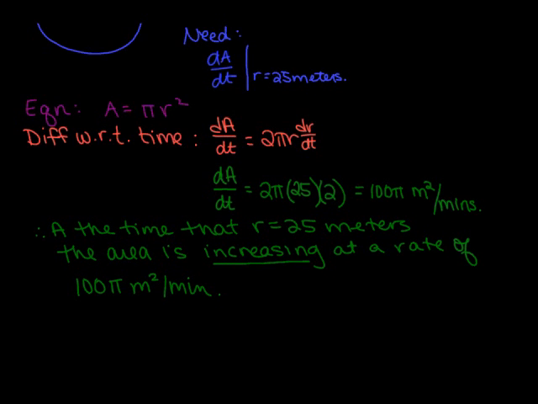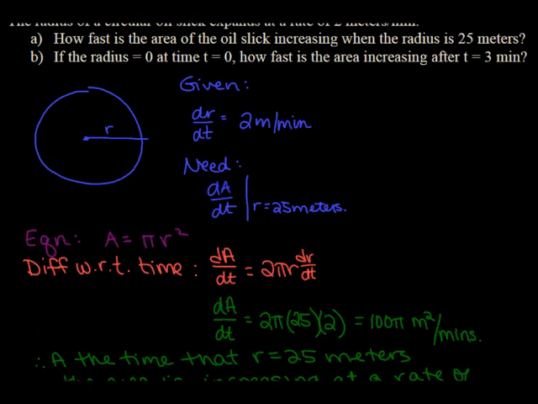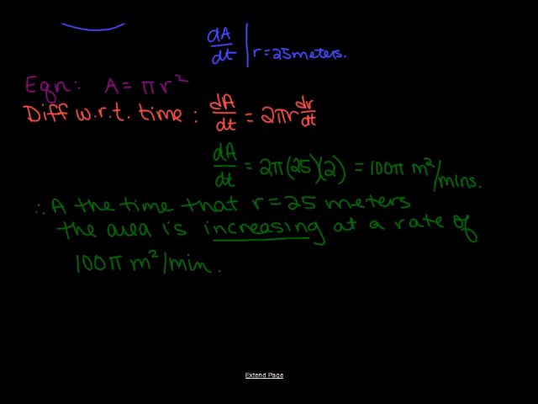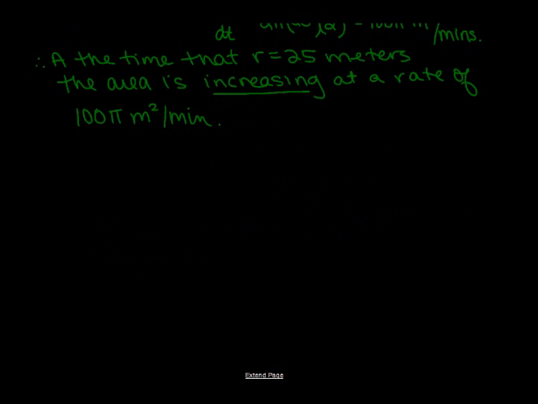Part B, if we go back up and look at part B, it says if the radius is 0 at time equal to 0, how fast is the area increasing after 3 minutes? Okay, so for part B, our given information is still the same.